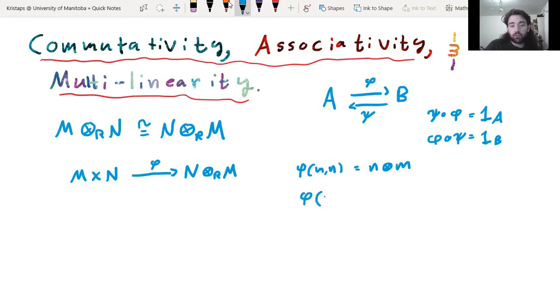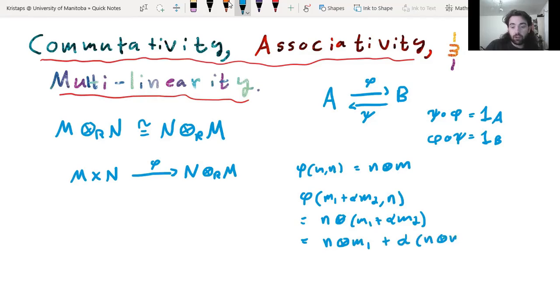So this would be something like phi of (m1 plus alpha, some scalar, times m2, n). Well, we know that by definition of this map, this is n tensor (m1 plus alpha m2). But then because of the relations that we know exist on tensor products, this is n tensor m1 plus alpha n tensor m2.